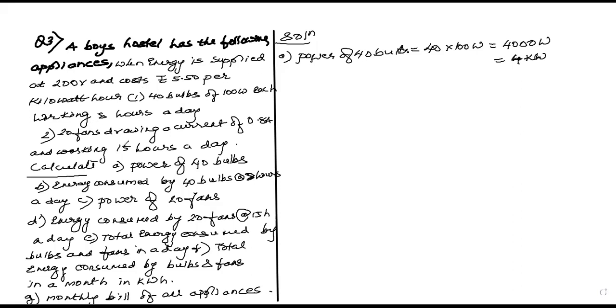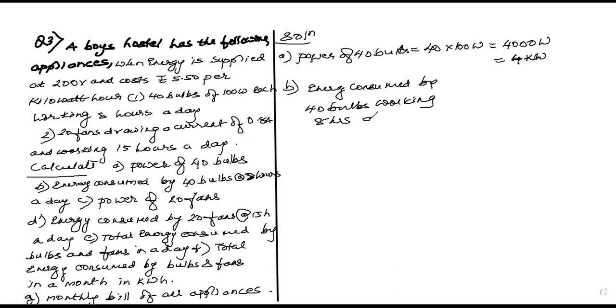Then, children, they want us to find out this B part: the energy consumed by 40 bulbs working 8 hours a day.